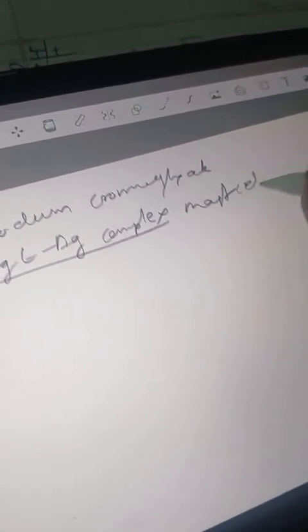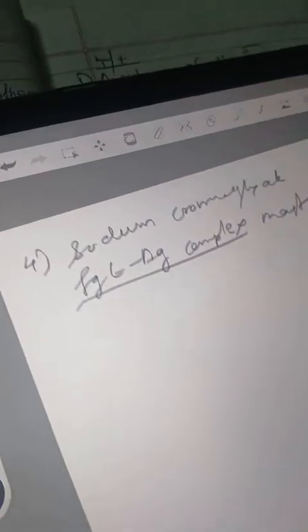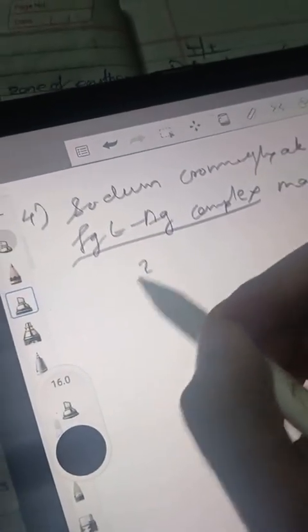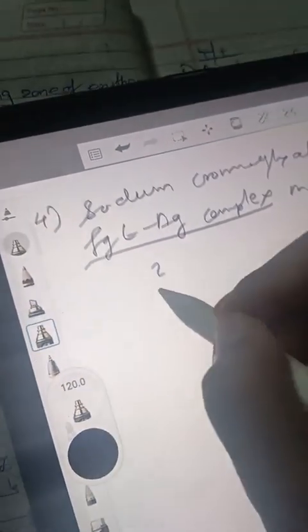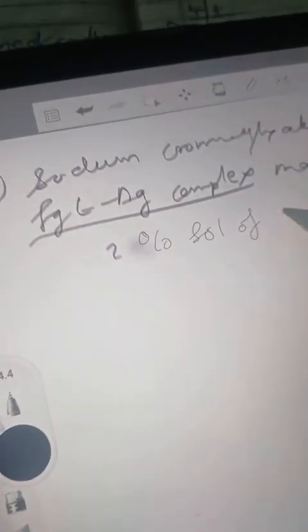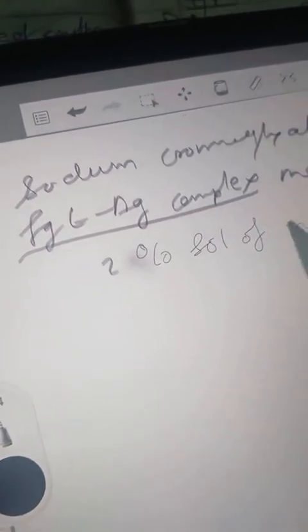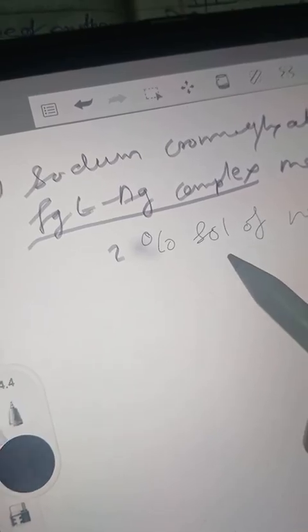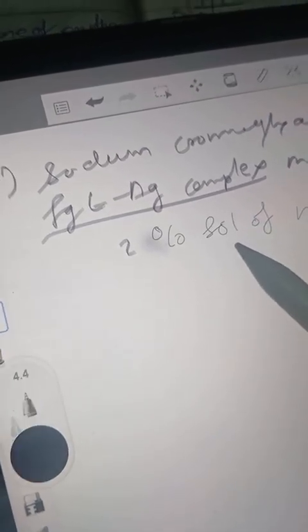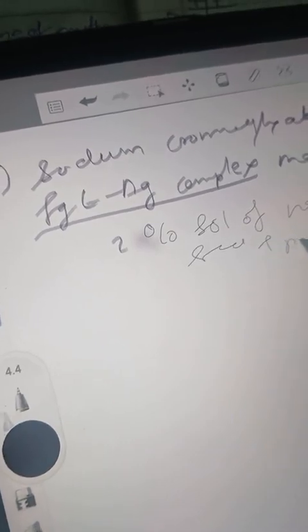So mast cell degranulation can be stopped by it. It is used as a 2% solution of nasal drops, and it's also important to use it as a spray or aerosol powder. It is useful both in seasonal plus perennial allergic conditions.